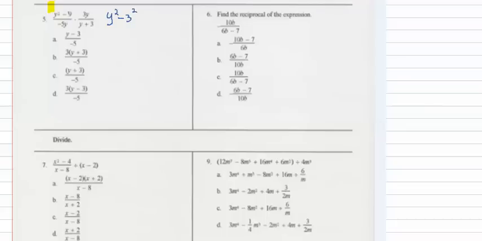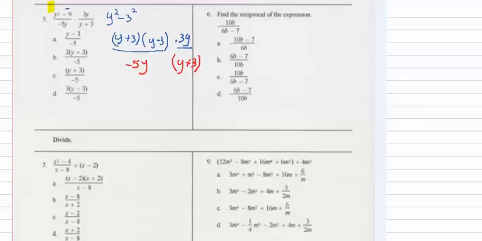So that top right here is going to be y plus 3 and y minus 3. On the top of this fraction, it's just going to stay 3y. Okay, that was the top of our fractions. The bottom of the fractions, this one, it's just a negative 5y. This over here, this fraction, it's just going to stay y plus 3.